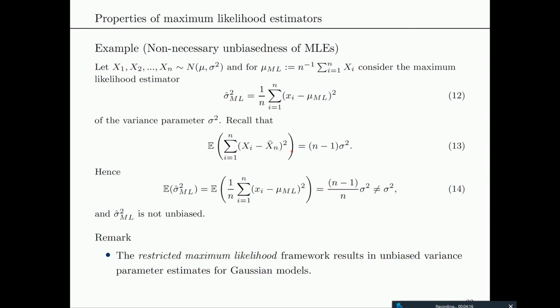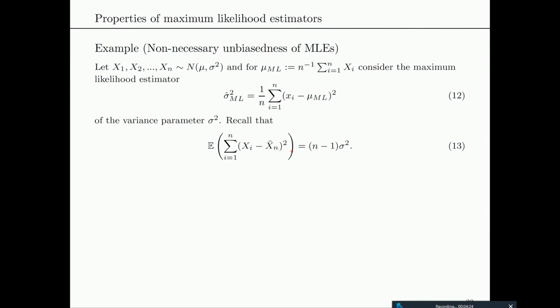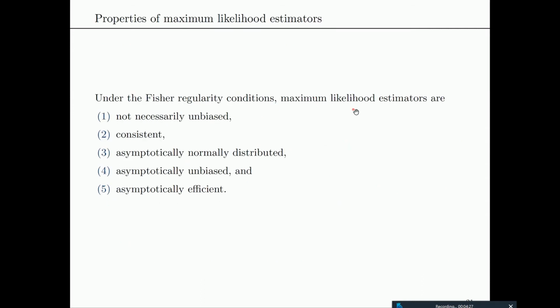Restricted maximum likelihood is a way to get to unbiased variance parameter estimates, something we will discuss in the other course. Maybe this is also one thing to say: we are talking now about maximum likelihood estimators, and of course they are the most popular and most prominent framework for parameter estimation, but there are other methods. There's restricted maximum likelihood estimation, neural network gradient descent, or ordinary least squares, these kinds of probability-free methods, which are really hard to study analytically because there is no theory around them.